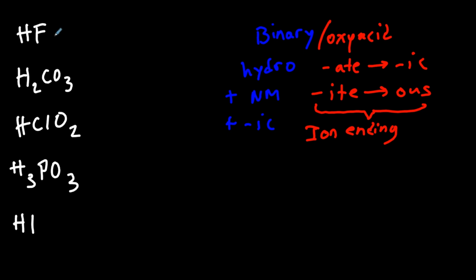So HF here, we do not have a polyatom attached. We just have hydrogen. We don't have an oxygen. So it's going to be a binary acid. So this means that we're going to have the prefix hydro plus the name of what's attached, so fluoric.